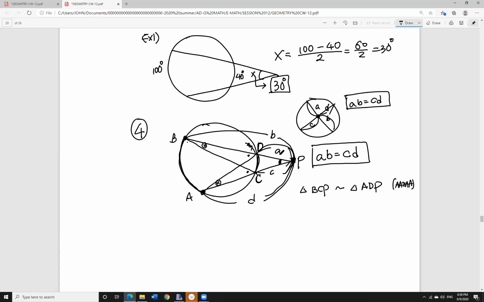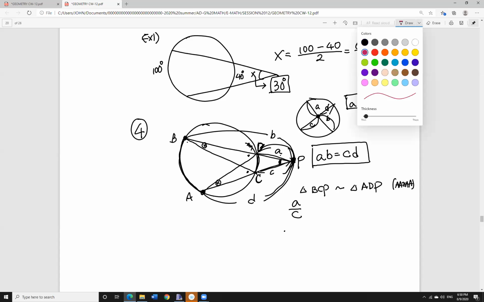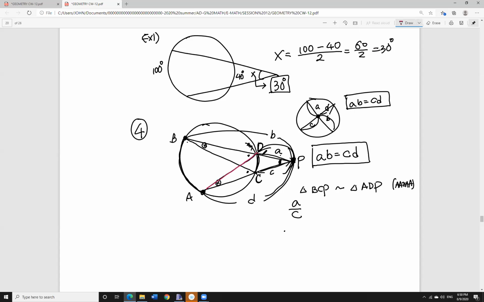So what are the corresponding sides? A and C are corresponding sides, okay? Because it's short, maybe I'm going to draw it separately. So A and C are corresponding sides. For this triangle, A over C is the corresponding side. On this triangle, D is what for the same triangle?